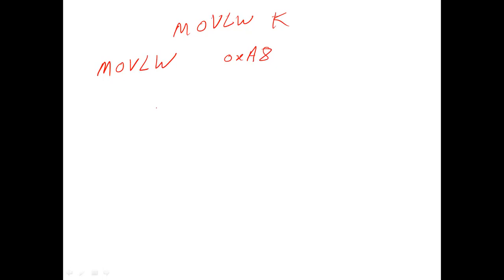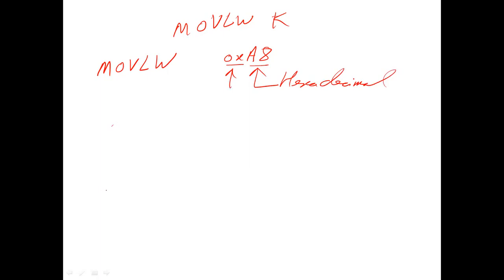Now hexadecimal constants are identified with 0x prefix. So when we write this prefix, that means this is hexadecimal. We are talking about something which is hexadecimal. So what will it do?